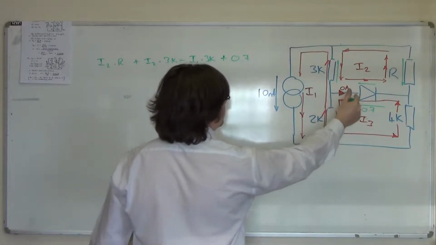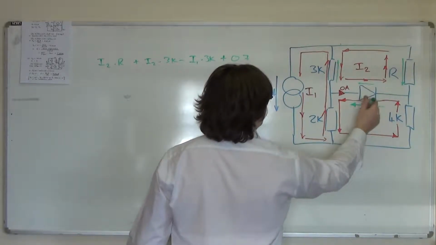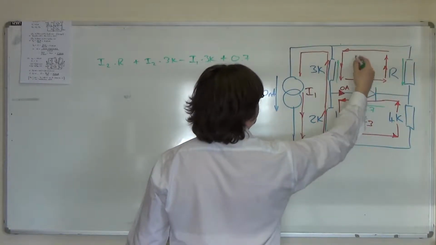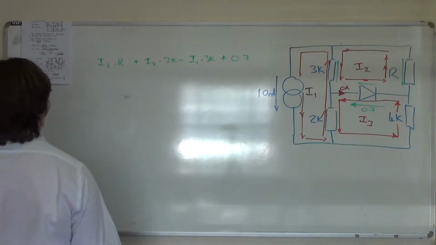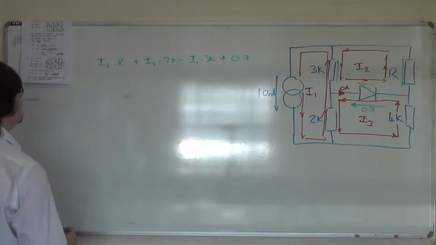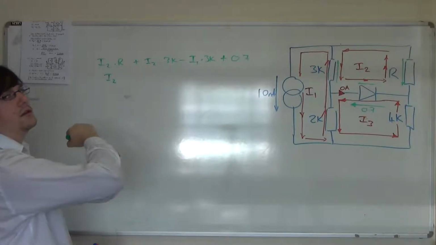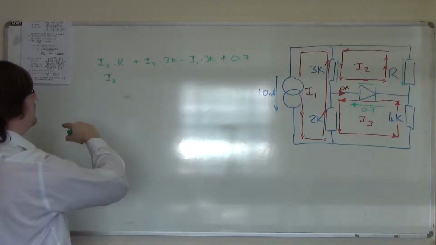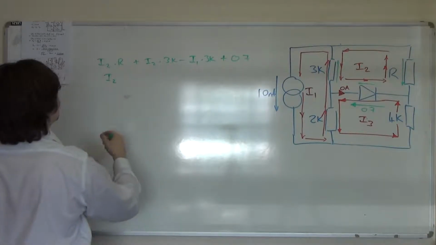If it's facing the other way, this arrow was like that, or if I'd chosen my loop to be the other current flowing the other way, I'd have ended up with a minus there. So we can squish that lot together to give us. I may deviate slightly from the given result or method, but essentially it's the same thing, just the algebra is slightly different.